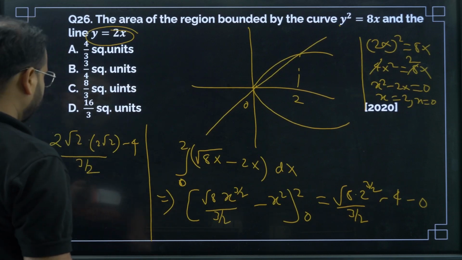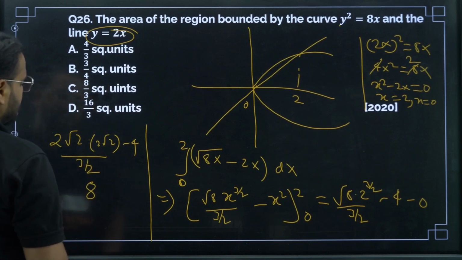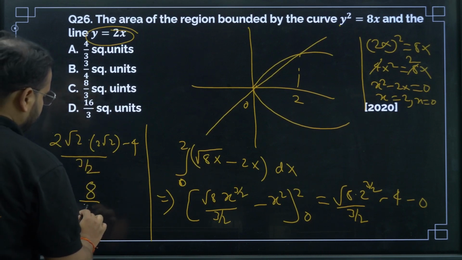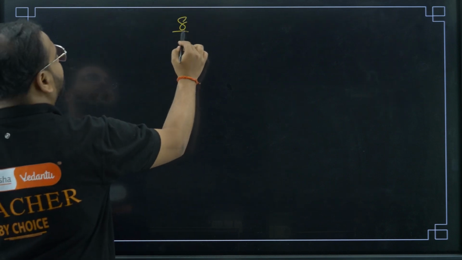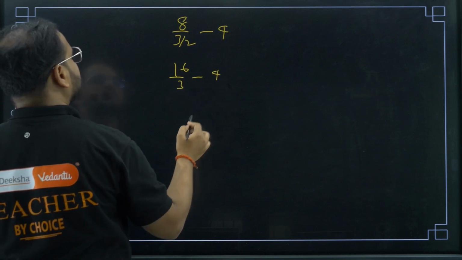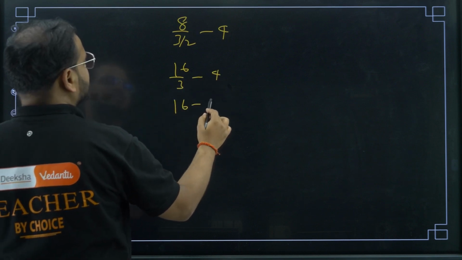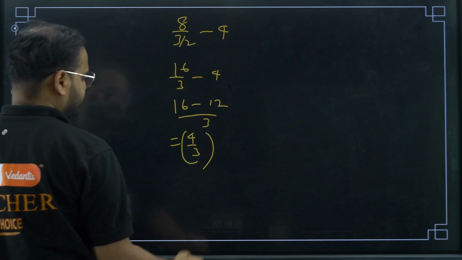So I end up with, please check, 2 times 2 is 4, 4 times 2 is 8. So 8 upon 3 by 2 minus 4. How much is that? 16 upon 3 minus 4. 16 minus 12 by 3, so 4 by 3.